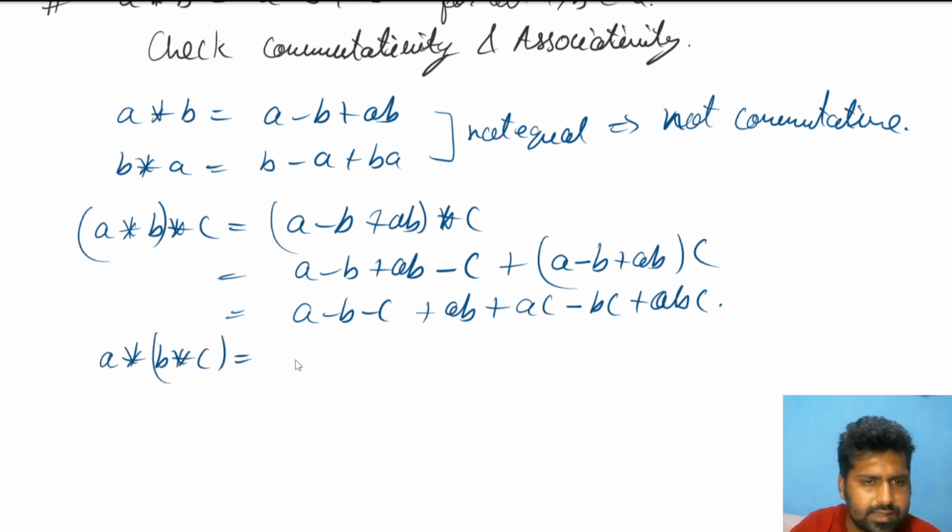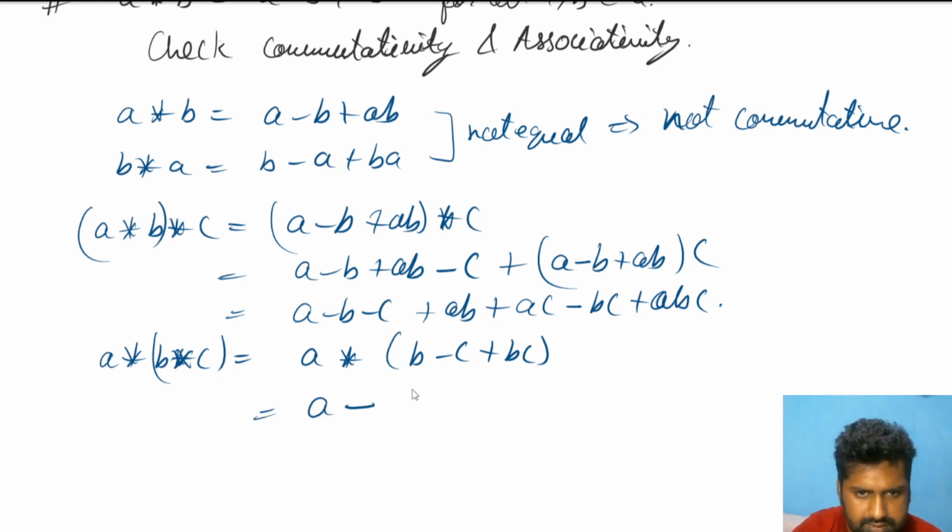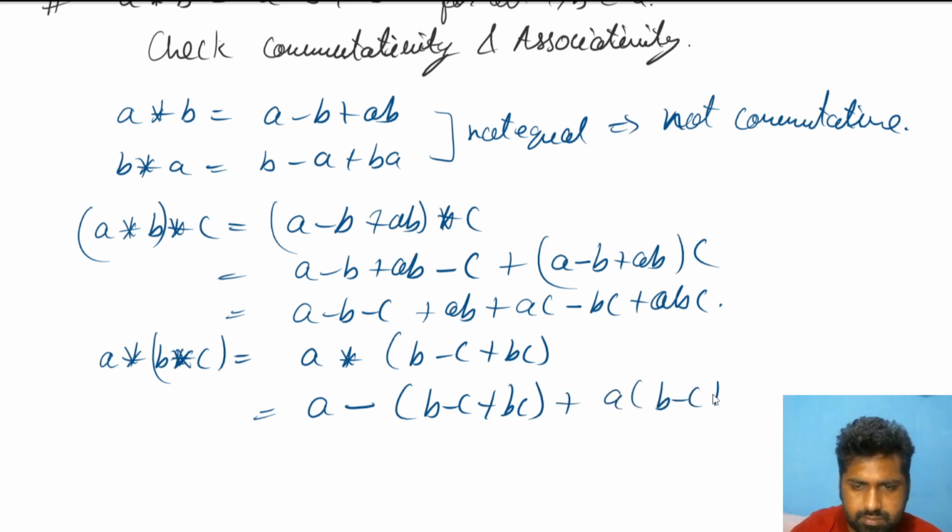Okay, A star B star C. First of all, we have to do B star C. So that will be B minus C plus BC, subtract and add their product. Now for these two, subtract, so A minus B minus C plus BC, and add their product, so A into B minus C plus BC.